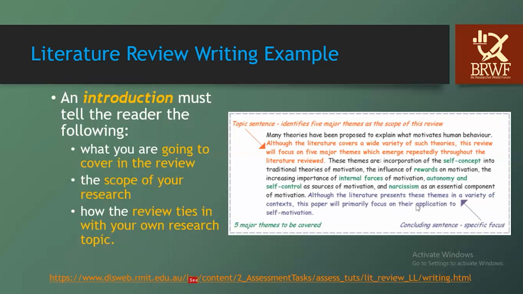Clear. The thing is that at first you have to provide a topic sentence that identifies the themes or the scope of this review. Then you can also discuss the related themes. Then you should say that you are going to focus on this.